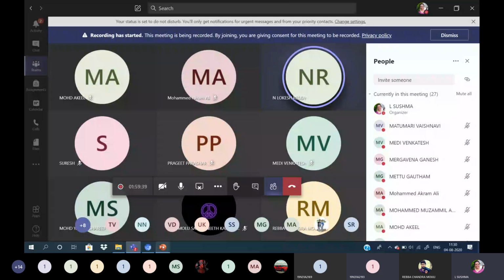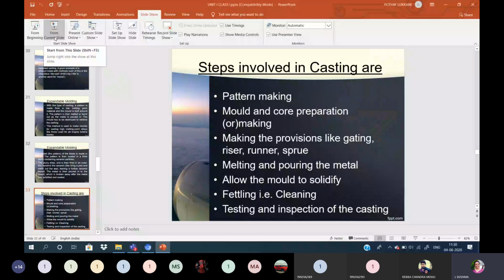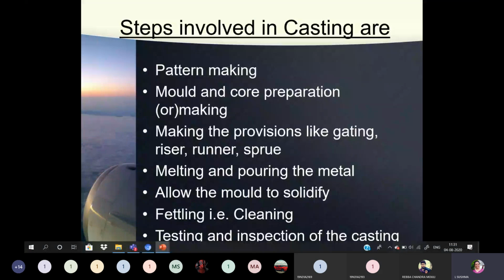No one? If you do like this, how can I know whether you are listening to me or not? That's why I asked you to switch on the cameras. Yesterday also I messaged, but no one is switching on. At least any one of you can explain the difference between expandable molding and non-expandable molding. I have repeated two times, yesterday also and today also.